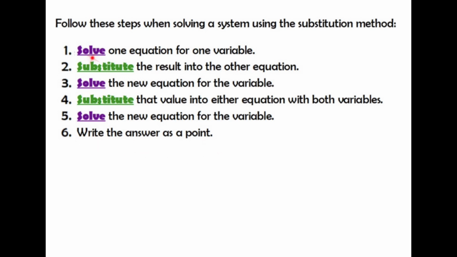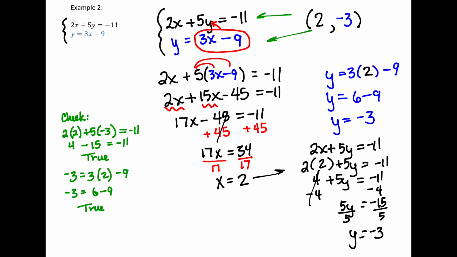So I'm going to go back to the one we just did and show you how this works, starting with solve. Solve one equation for one variable. Okay, so here's my original. Solve one equation for one variable. That step was done for me. So solve that one. Now I'm going to substitute. So I put this into there, rewrite it.